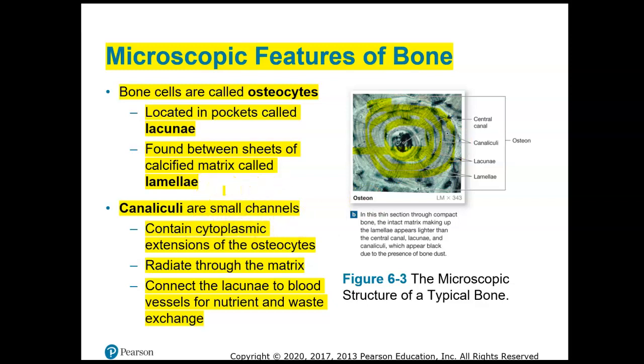And then in between the bone cells, in between the osteocytes, you've got to have some kind of way for nutrients and waste to be exchanged, for nutrients and oxygen to get to the bone cells because they're living cells. So the channels that allow for that exchange of nutrients and waste are called canaliculi.